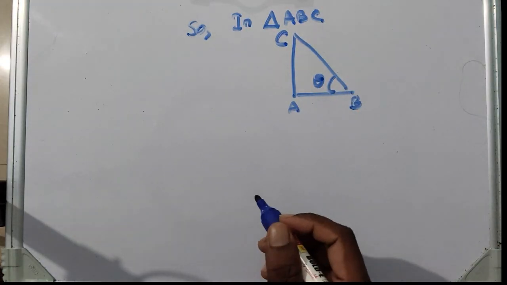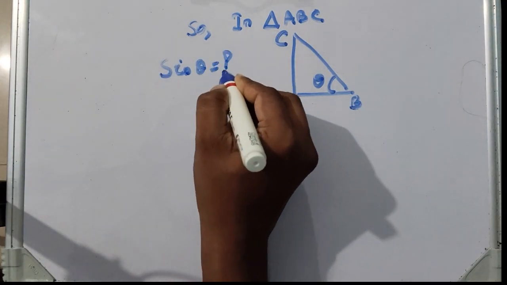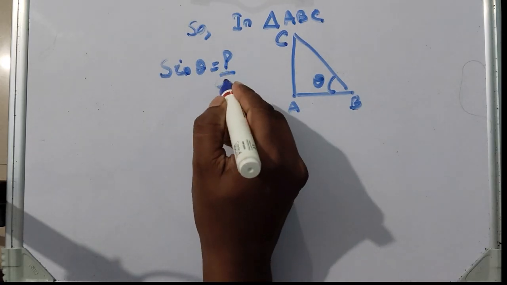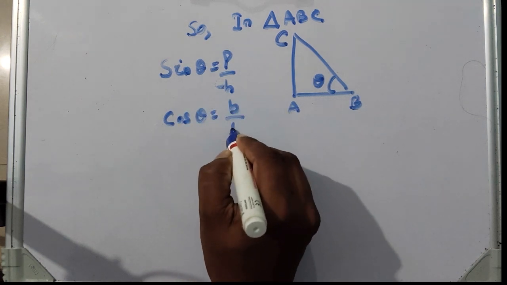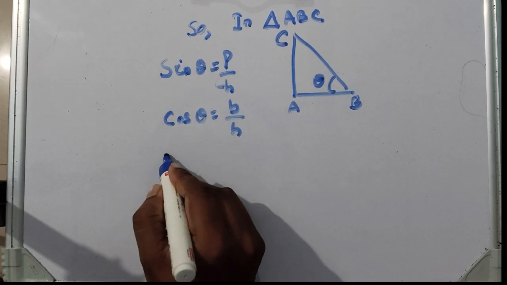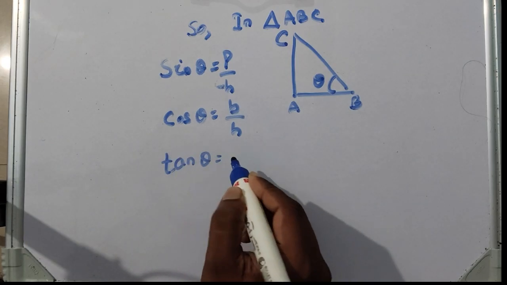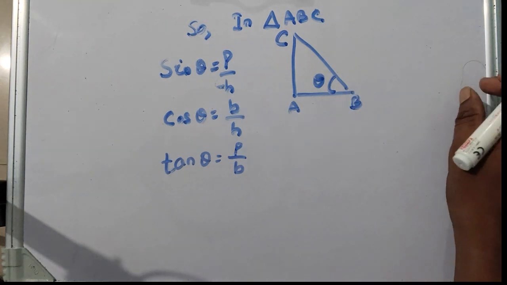Now we also know that sine theta is equal to perpendicular by hypotenuse, cos theta is equal to base by hypotenuse, and tan theta is equal to perpendicular by base.